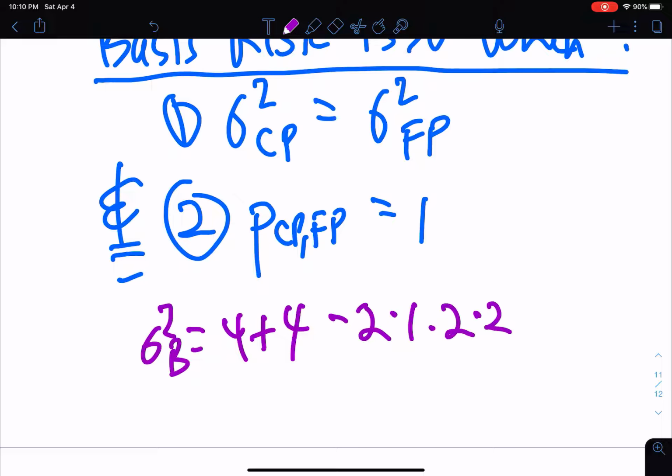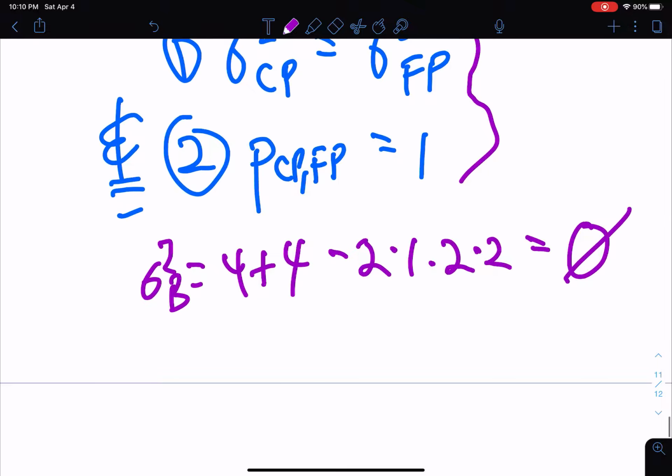And you see this is 4 plus 4 is 8, minus 2 times 2 times 2 times 1 is 8, so 8 minus 8 is 0. So that goes to show that when these two items are both true, then variance of the basis is 0.